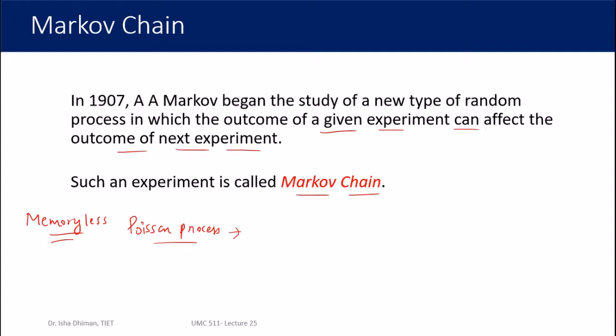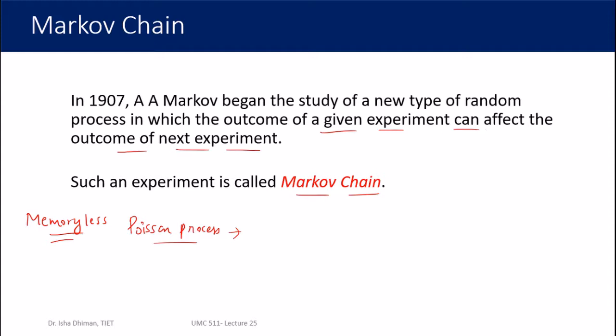It's a counting process. So the number of arrivals of customers in a bank or in a restaurant in a given interval is independent of the number of customers arriving in that place in any other interval. So that means the states, the independent interval data or output are independent of each other. They do not depend upon anything.